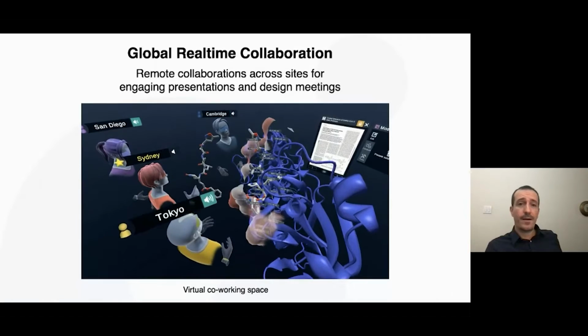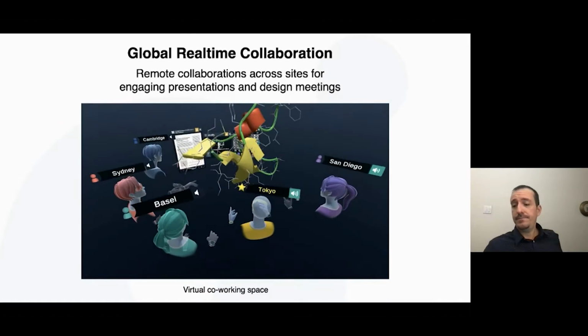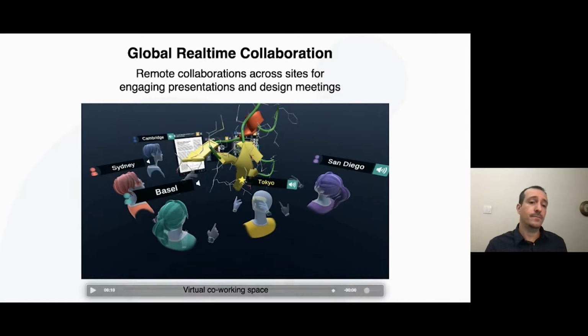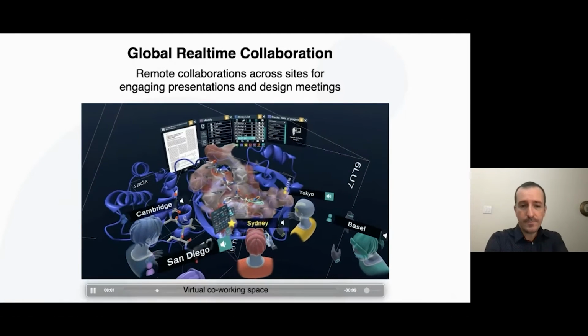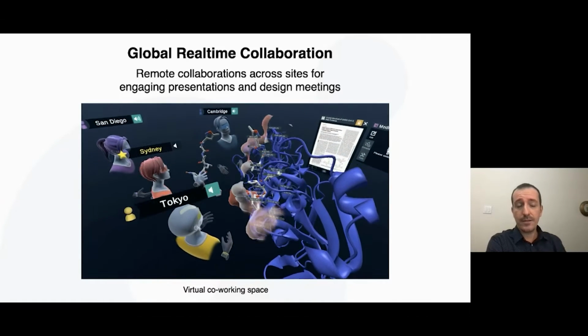And by the way, talking about collaboration, this is actually one of the biggest features of Nanome, besides the fact that it's a three-dimensional platform. What happens is that people can join the same virtual room regardless of their geographical location.